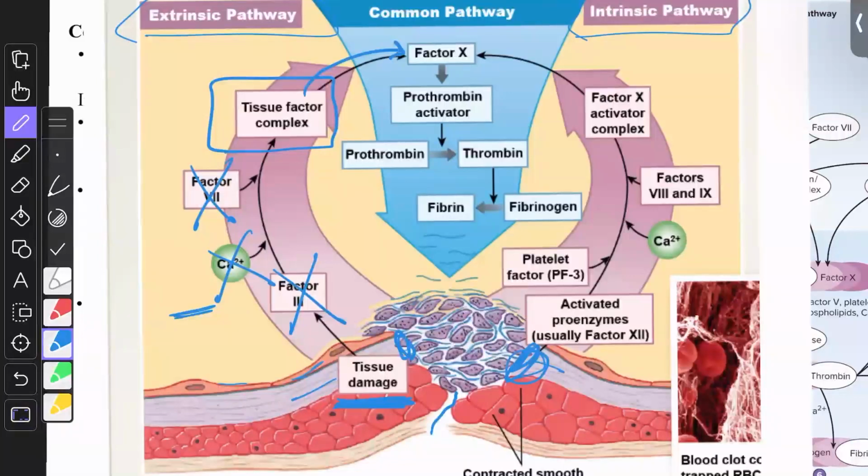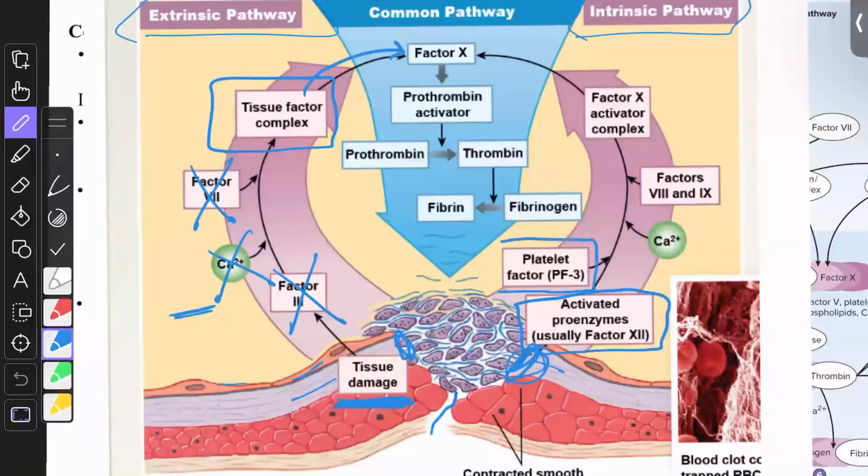Okay. Now, at the same time, the exposure of the collagen has triggered the intrinsic pathway. And that is going to cause a bunch of proenzymes to be activated. Right? We've got these proenzymes that are going to basically become an enzyme. They get activated. Okay. And we have platelet factor 3.